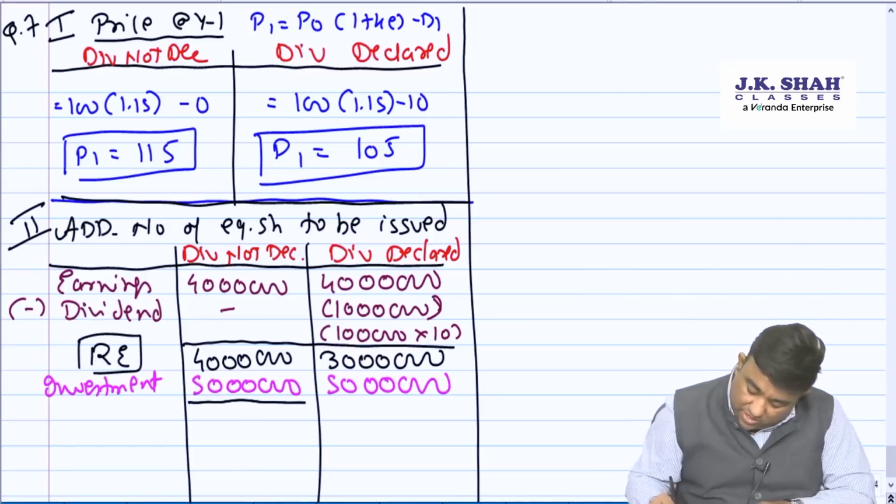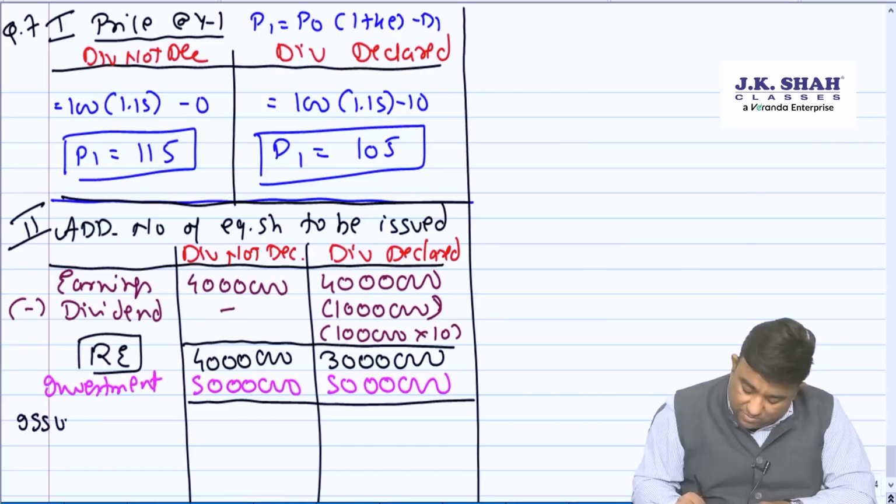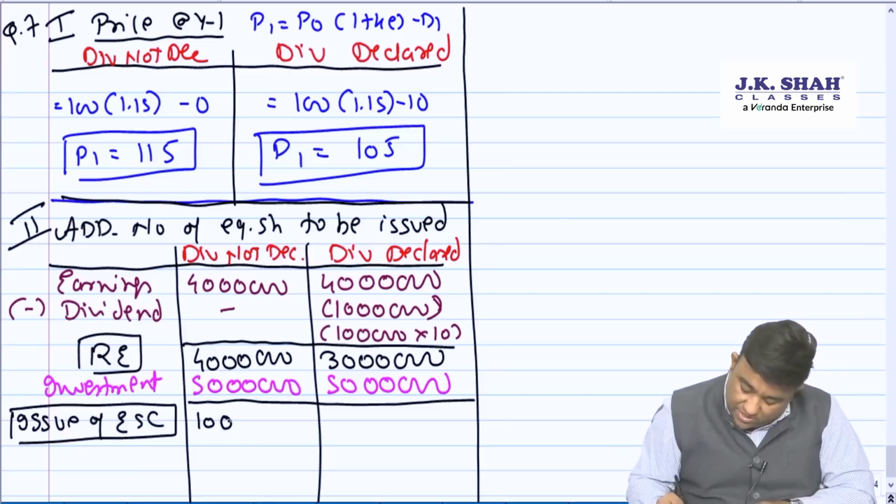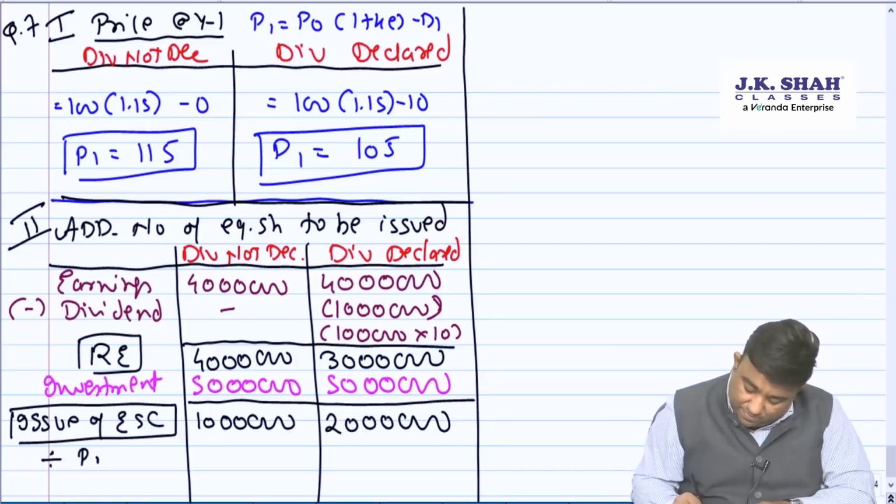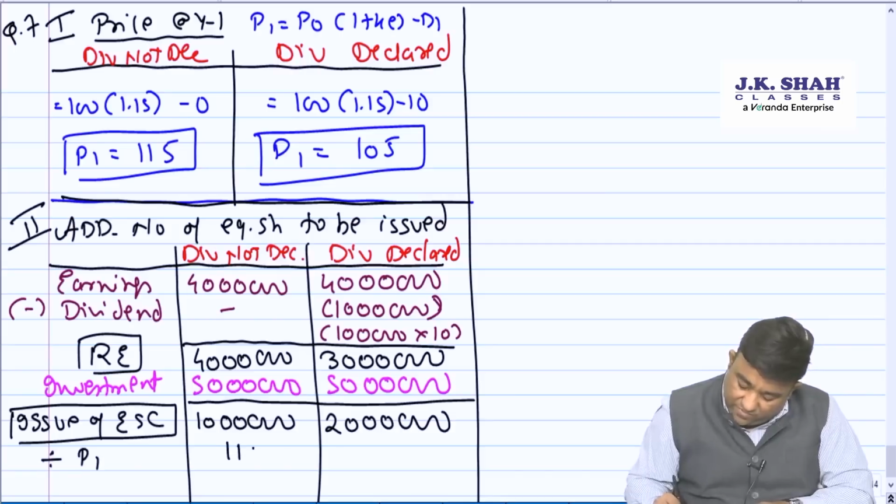So I can say that the remaining has to be raised by issue of equity capital. So in the first case, this is going to be 10 lakh and this is 20 lakh. And the pricing is P1, whereby this is 115 and this is 105.